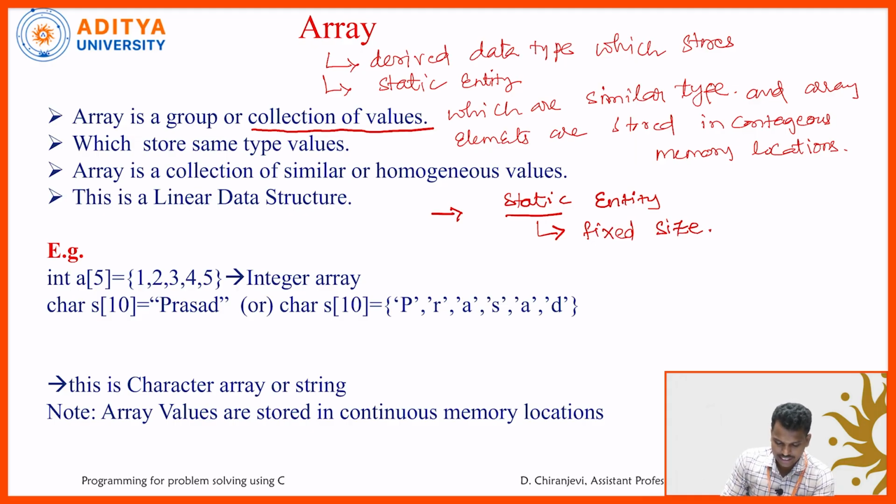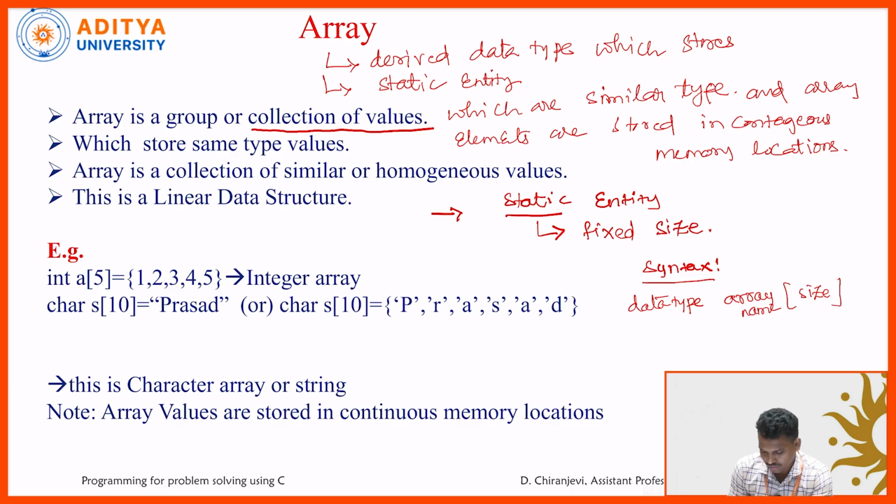Okay. Now let us declare an array. You can declare an array by this syntax: you need to specify the data type, then the array name, and then the size, followed by a semicolon. For example, you can write int arr of size, let us say, 5.